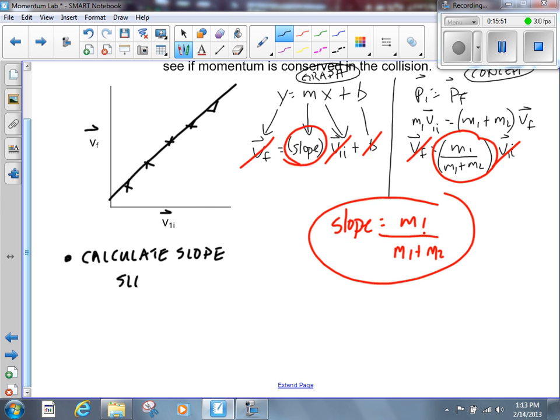The slope is equal to delta y over delta x. You've got 7 or 8 graphs that you exported from this data logger. That's not the slope you want to find now. You've already got the slope of those graphs to determine what VI and VF was so that you could plot this graph. The slope that you want to find here in your analysis is the slope of the graph that you plotted. Get the value of that slope.